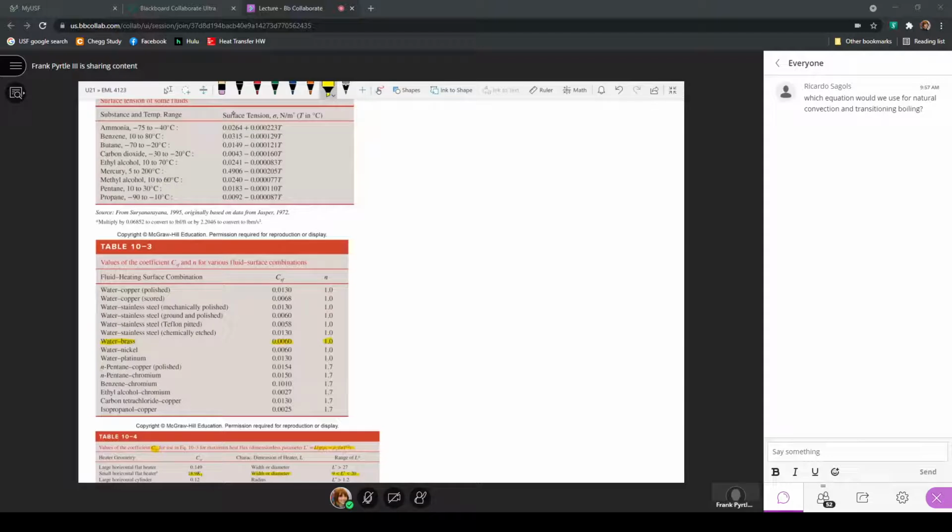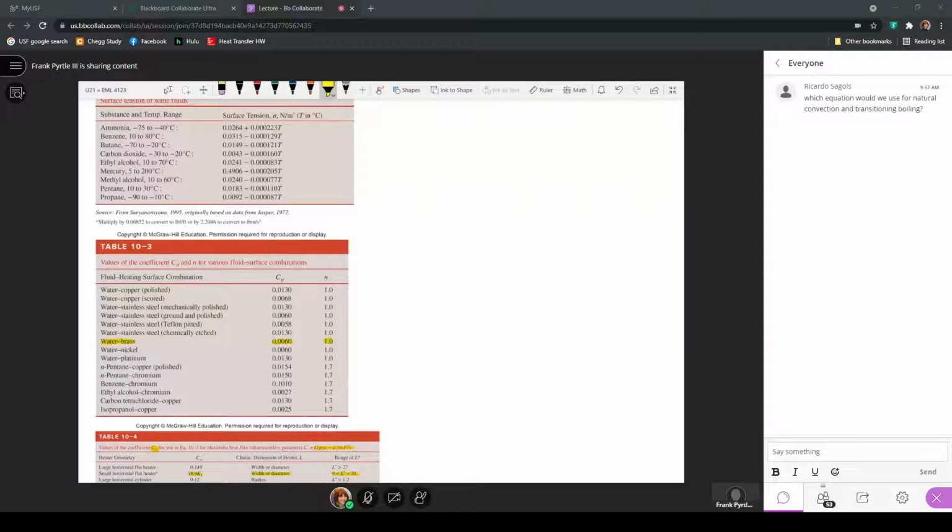Water and brass, or water, nickel. Now this is without any consideration for the surface preparation, but the values associated with this calculation of nucleate pool boiling are all experimentally determined values that we substitute into this expression.